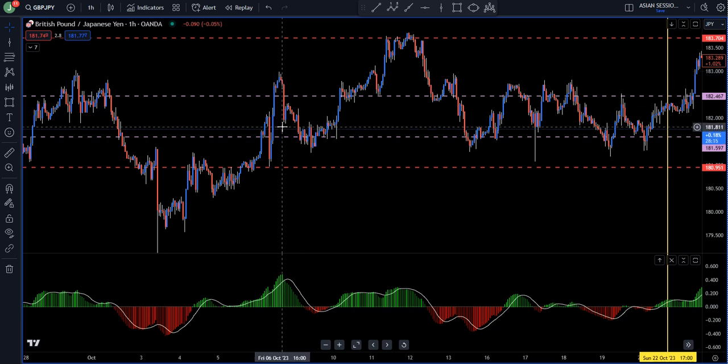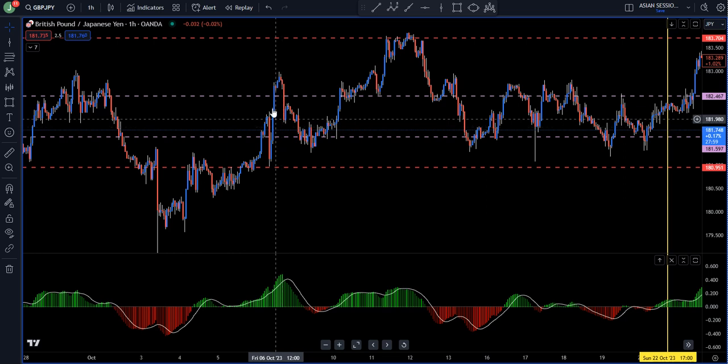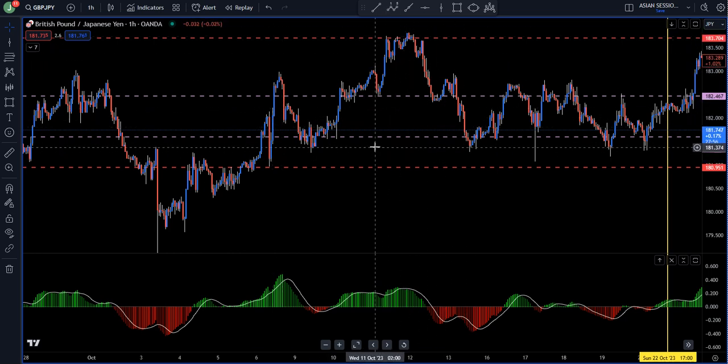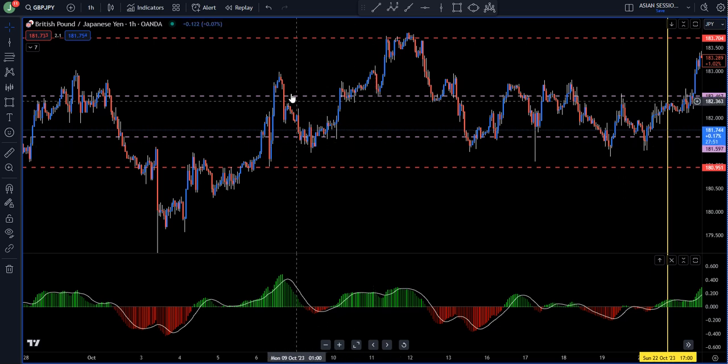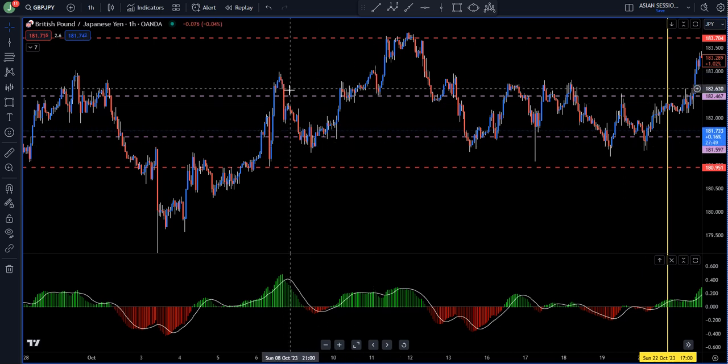So it does react and respond within the zones, but oftentimes you're going to certainly have some drawdown, and that drawdown can certainly be enough to stop you out. So I minimize that by utilizing these key areas. And again, I'll show you entry techniques that will help you to minimize this drawdown.